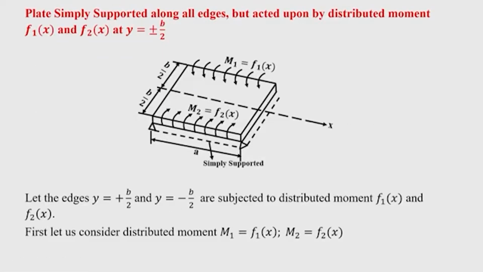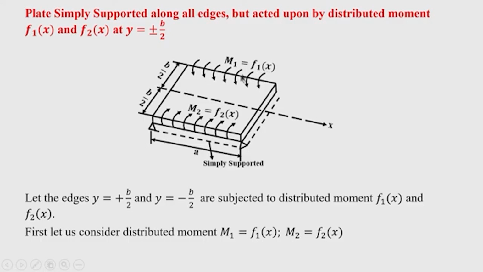Okay. So, now let us consider a rectangular plate, the length is a and the width is b, subjected to distributed moment along the edge y equal to 0. The moment is m1, which is distributed along the x axis in a functional form that I have written as f1 of x.